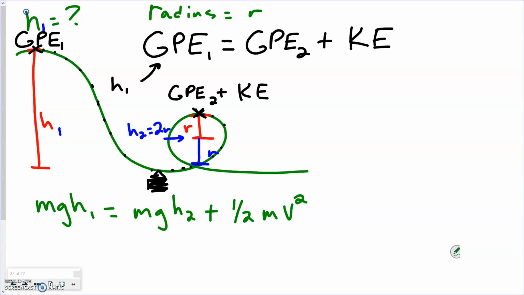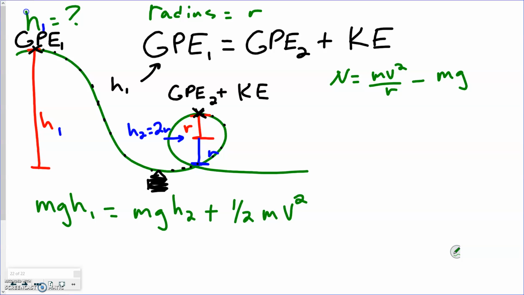Now here's where the trick comes in. We talked about before that to make a loop, the normal force at the top of the loop is going to be the centripetal force minus the weight. That's the new stuff we talked about the other day.